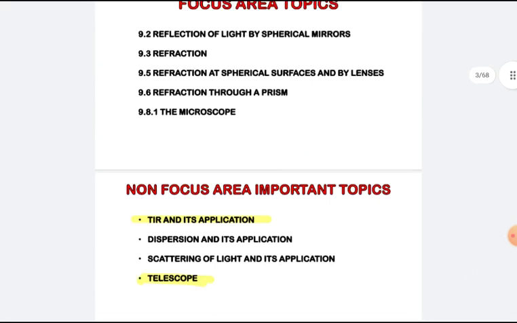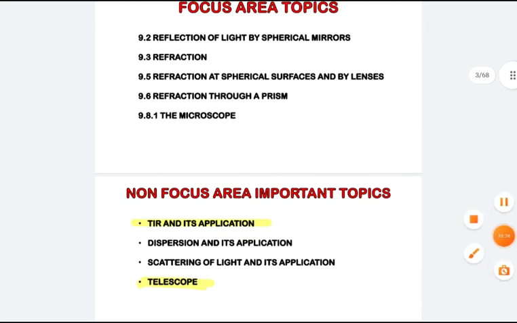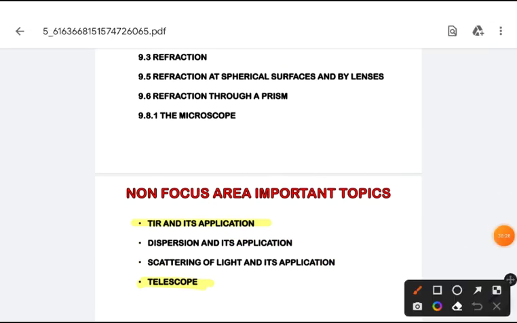I hope that I was able to complete all these important non-focus area topics: total internal reflection, dispersion and its application, scattering of light, and telescope.